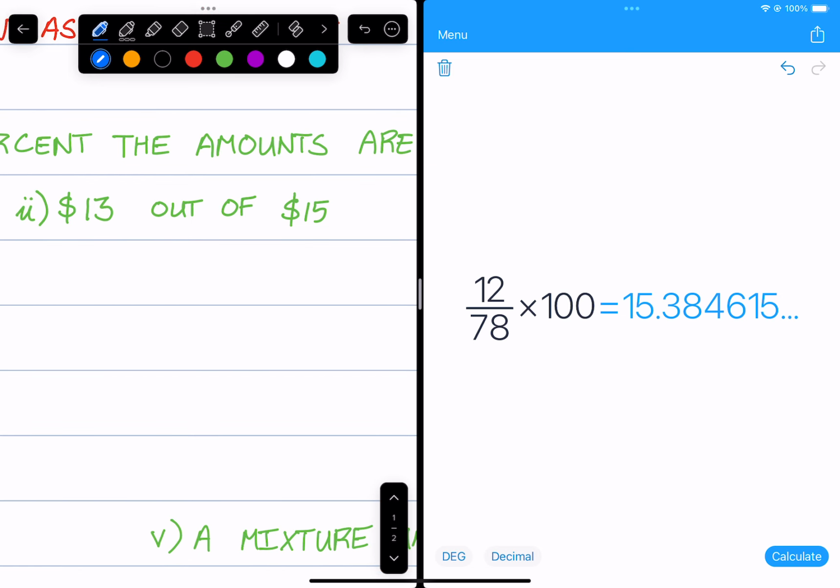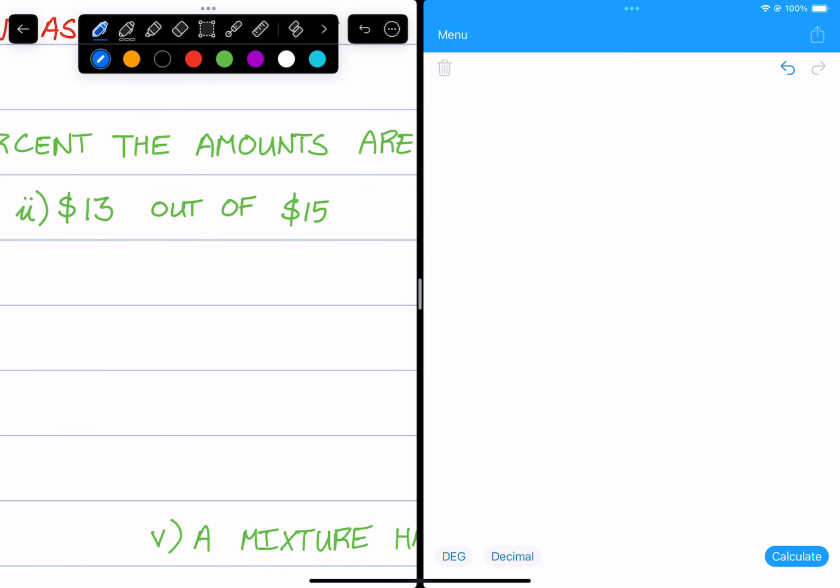$13 out of $15. Well, in this instance, now that we have a unit of measurement, the main thing we have to be concerned of now is that they have to be the same units of measurement. In this case, they are both just dollars. So we simply say 13 out of 15 times 100.